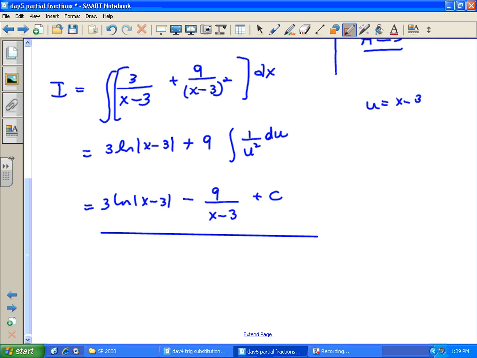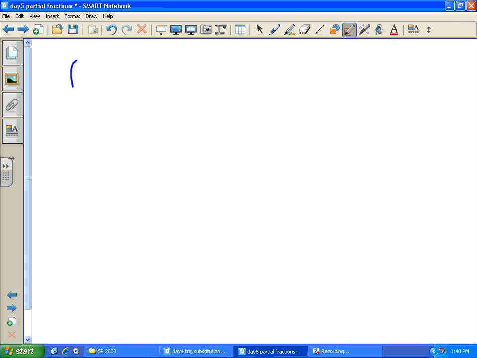Okay, so far we have done distinct linear factors. We've done a repeated linear factor. Now we're going to do something that involves an irreducible quadratic, and those get a little bit more tedious. The example we'll take a look at is the integral of, excuse me, I was in the line mode there. Let me get rid of that.